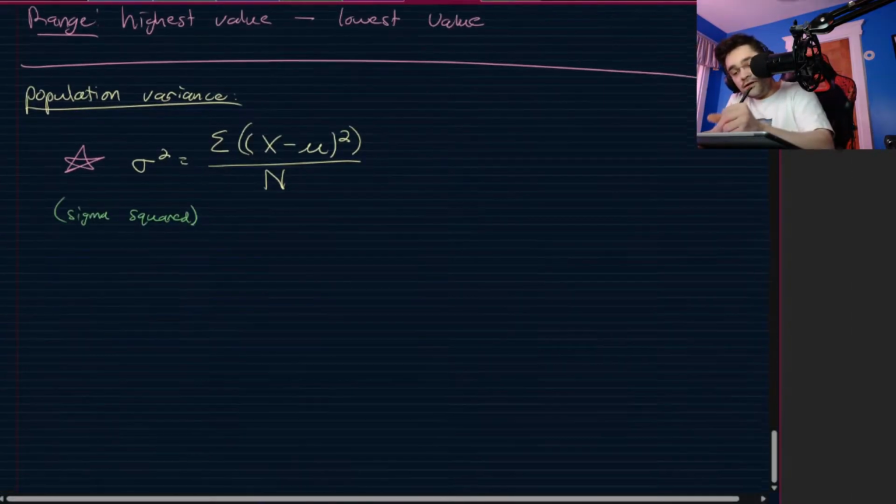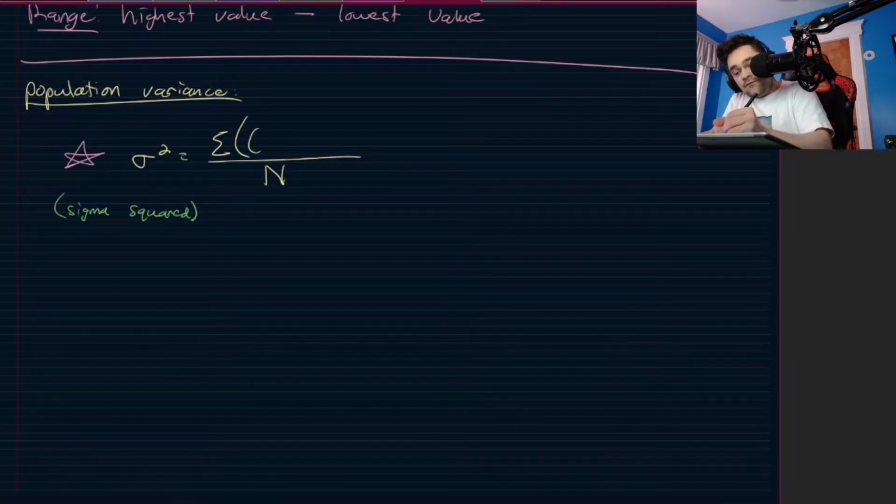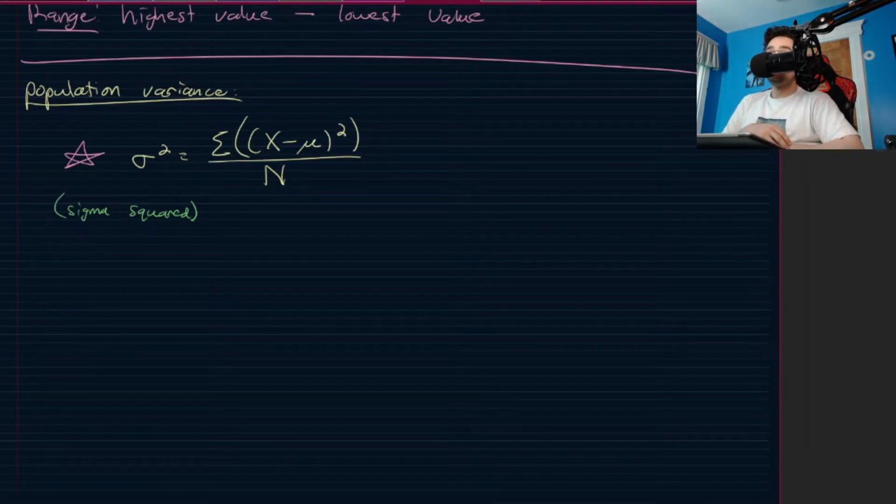So, the sum of all the values minus the mean, and then you square that. Okay? So this is the formula for what's called variance for a population. X is the value. Mu is the population mean. Remember, we've discussed that symbol before. Big N is the population size.